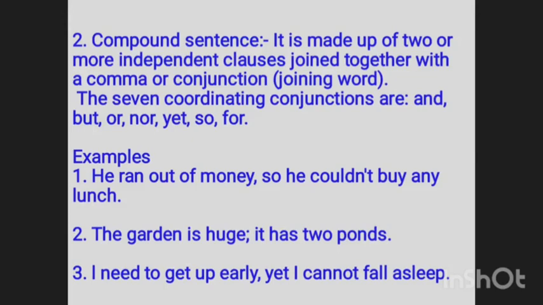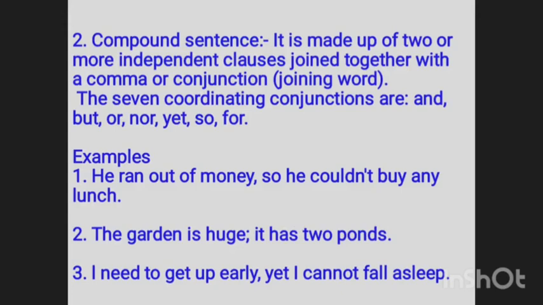And conjunctions are words that join sentences together. Sometimes we call these coordinating conjunctions. Now, coordinating conjunctions are words that are used to join two or more independent clauses together, and they are 7 in number.